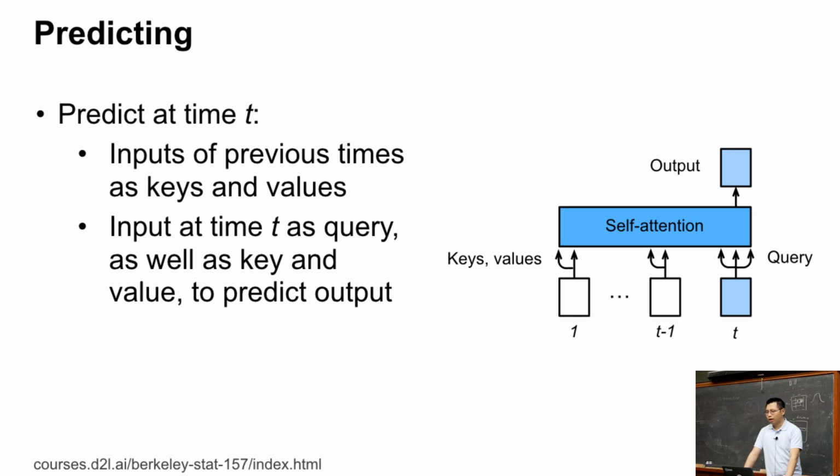Then given the current input, we copy it to the query, the key, and also the value. Then we have a single output for the current time. If you remember the greedy search stage we had before, the output of this time will be used as the input for the next time. That's why we cannot run in parallel. You have sequential information here.